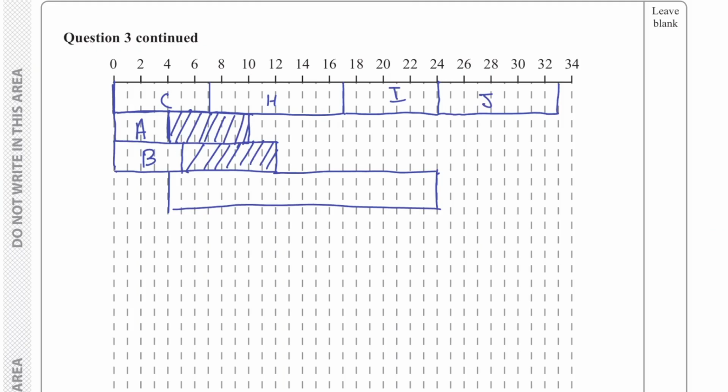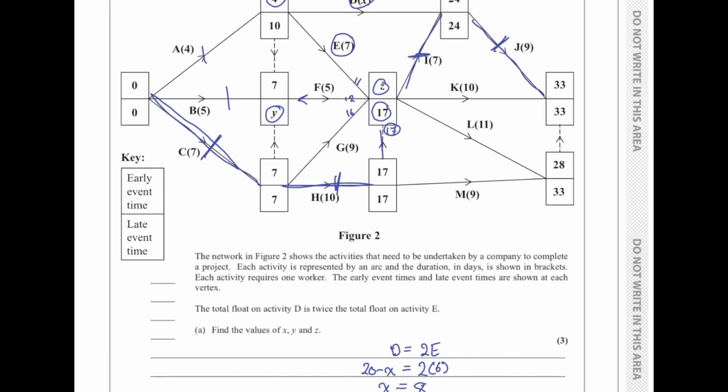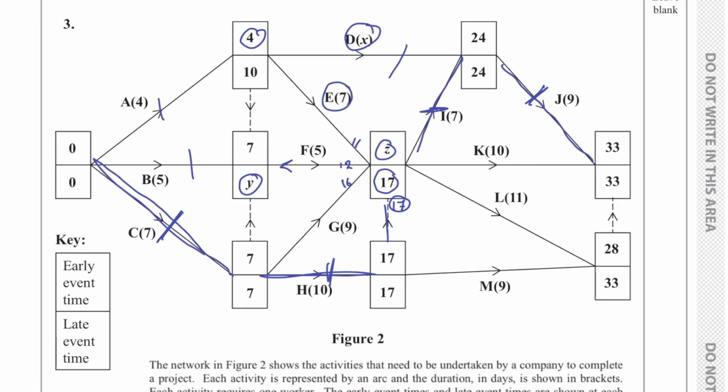And it had a duration of 8, so that's going to be 12. So this is D, and the rest is just float, so we can shade this. We've done D, now we're going to do E.